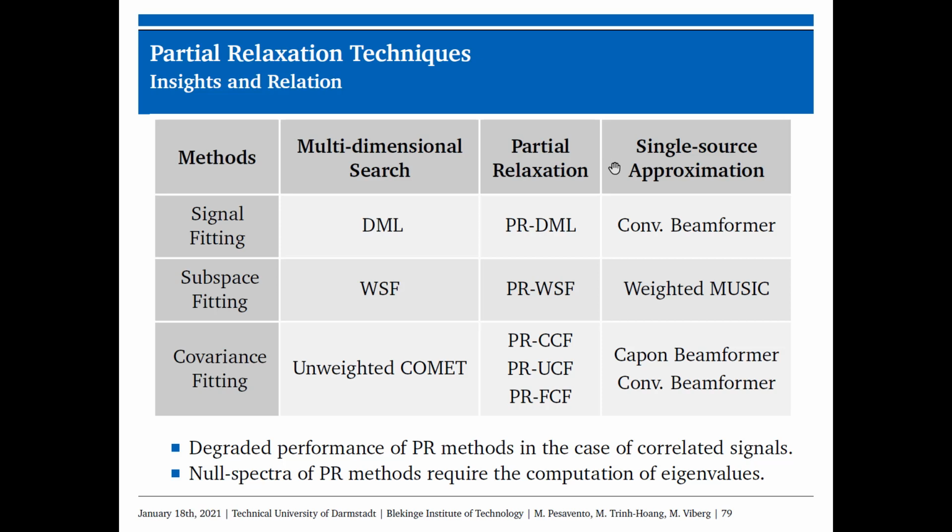Due to the relaxation, we observe that the eigenvalues play an important role in the computation of the null spectrum of the PR estimators. On the one hand, this relaxation reduces the computational complexity compared with the optimal parametric methods. But on the other hand, the performance of the PR framework degrades significantly if the source signals are correlated.